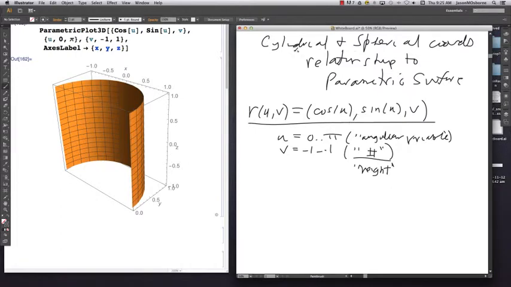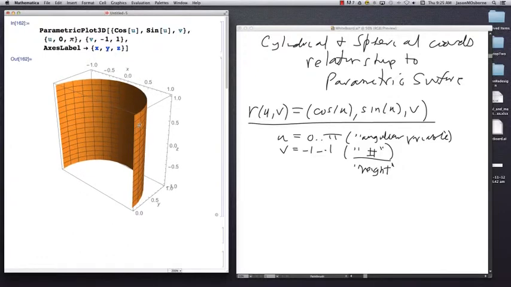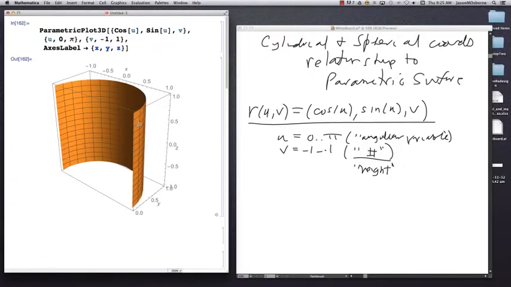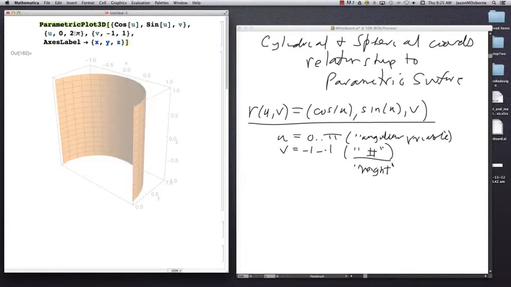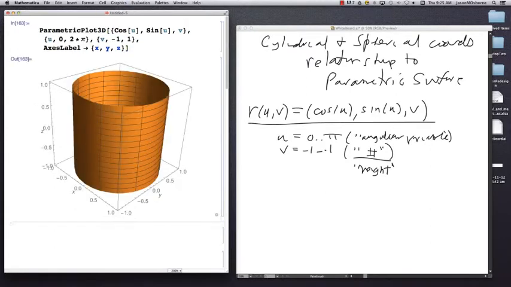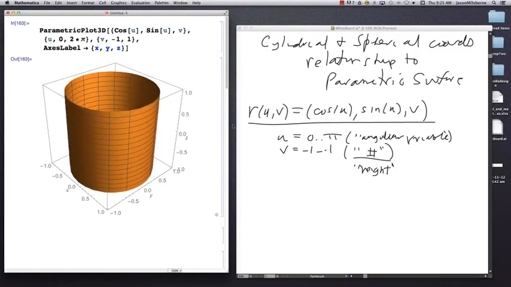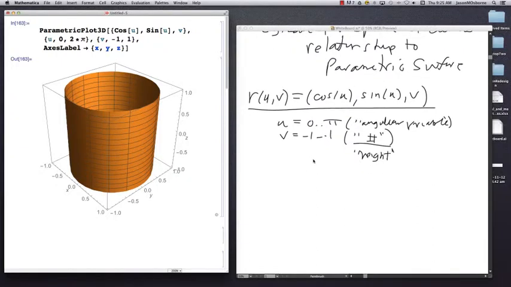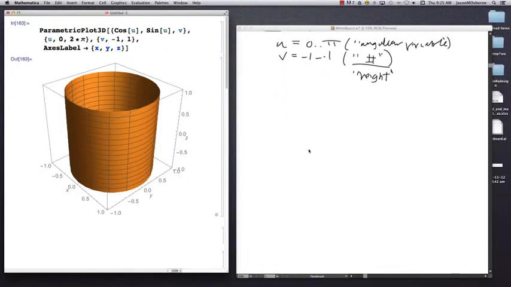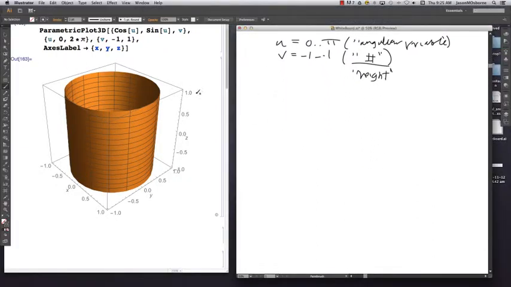Okay, so here's the parametric surface, and the question is, how does this relate to spherical coordinates? For example, if u goes from 0 to 2 pi, then we'd have a full cylinder. Now the thing to note here is this is sometimes hard to wrap the mind around.